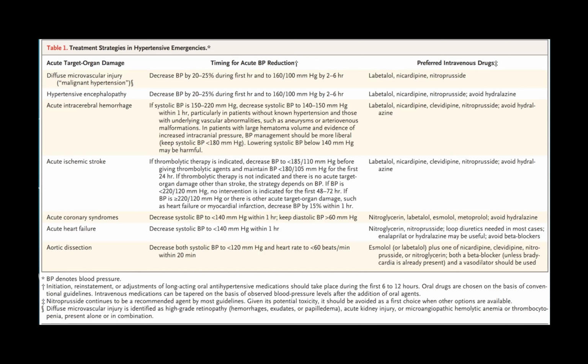When you go towards your ACS, acute heart failure, and dissection, for dissection, esmolol or labetalol is preferred. And then for ACS and heart failure, you have nitroglycerine, which is often used for initial management of blood pressure. It also helps symptomatically to reduce your myocardial strain and helps with symptoms like chest pain.